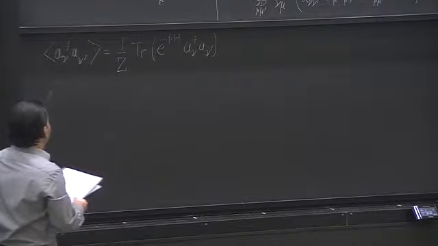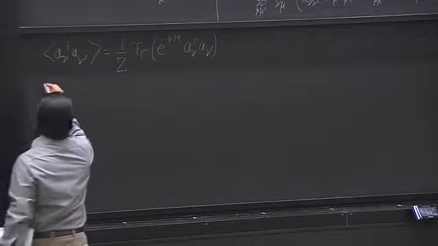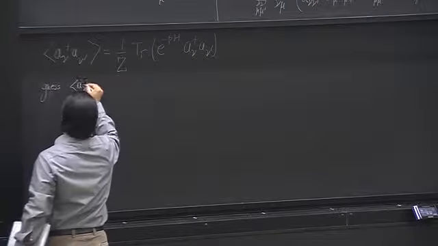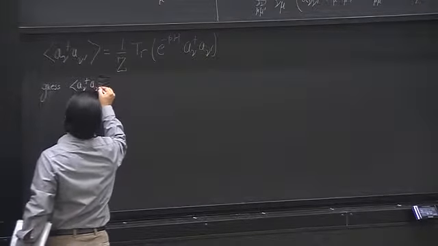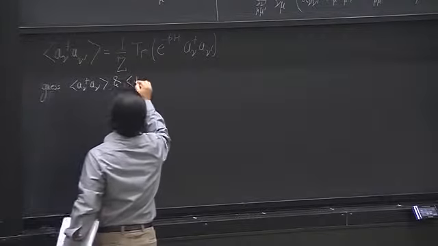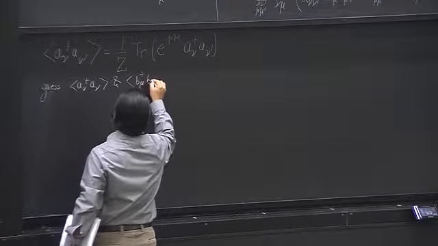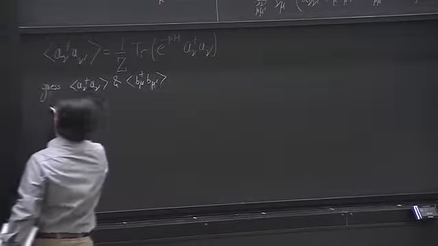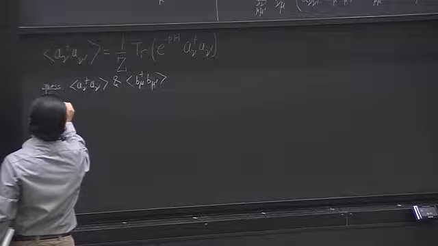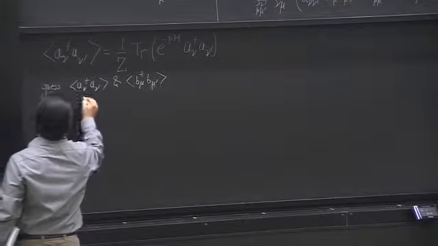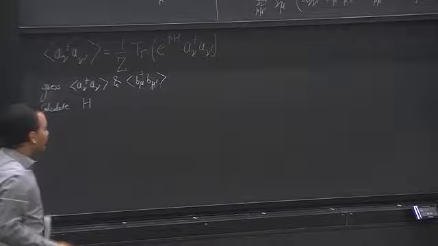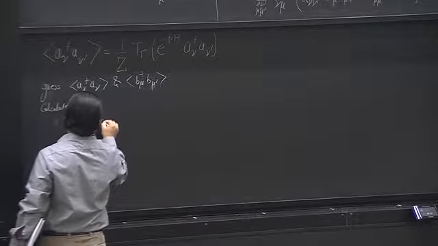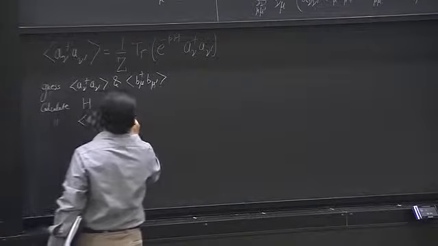So do it self-consistently. What that means is guess. You can start with anything. Guess these values, a nu dagger a nu prime, and b mu dagger b mu prime. And then using this guess, you can calculate H. Once you have H, calculate these expectation values again using this H.